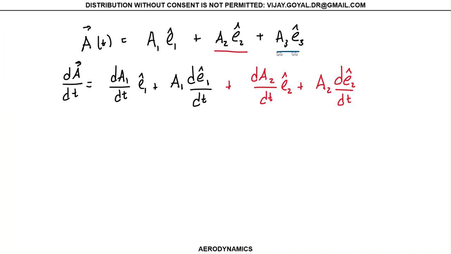If you go to the last term, it becomes plus the derivative of A3 with respect to time times e3, plus A3 times the derivative of e3 with respect to time. So this is what your differentiation will look like. This is a quick review of your calculus but in vectorial notation.